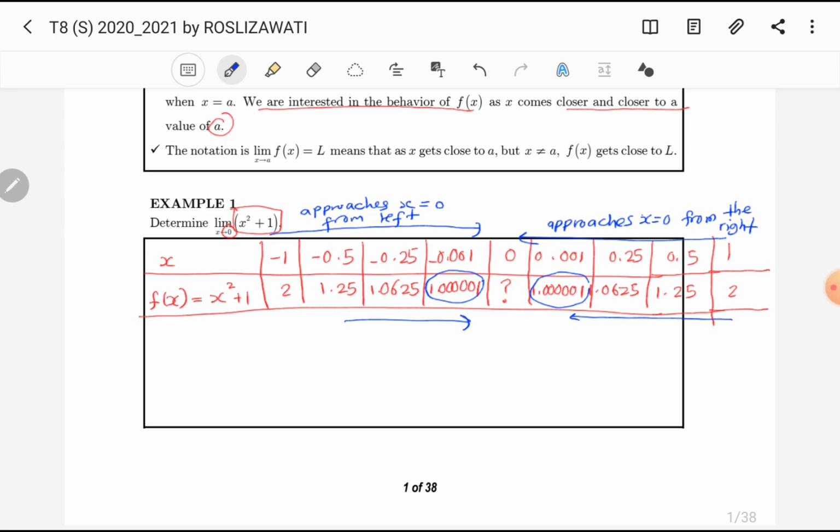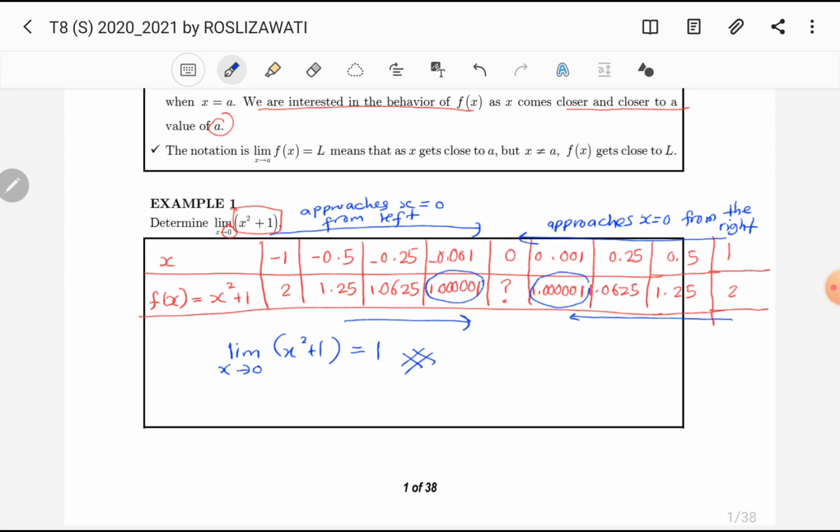So kalau awak perasan, when x approaches 0, semakin dekat dengan 0, your value of f(x) akan semakin dekat dengan 1. Nampak tak ni? From 2, 1.25, 1.0 something and then 1.0001. So dia akan semakin dekat dengan 1. So we can say that the limit of x squared plus 1 as x approaches 0 is 1.